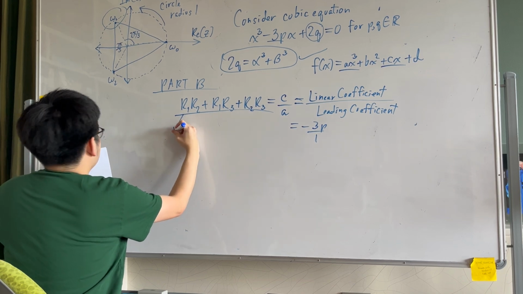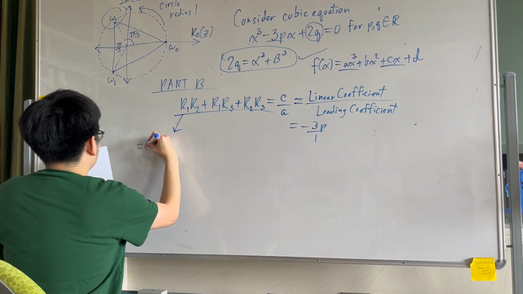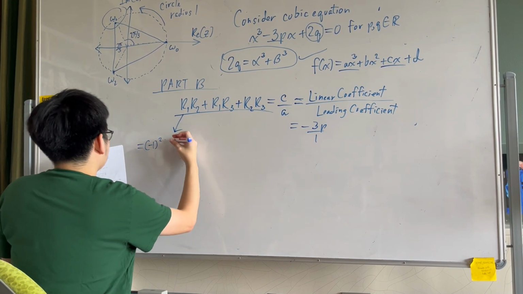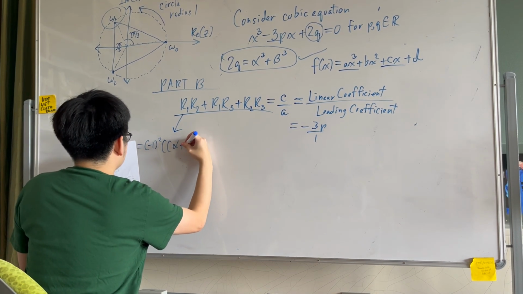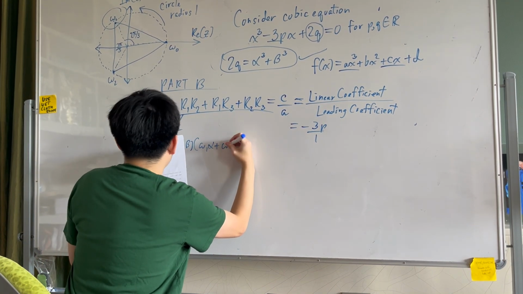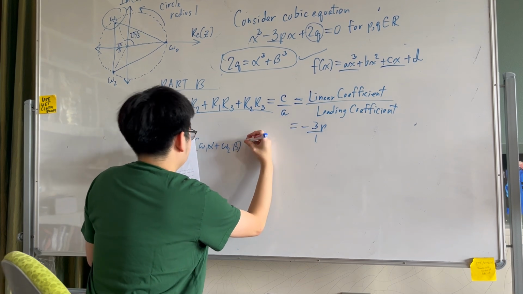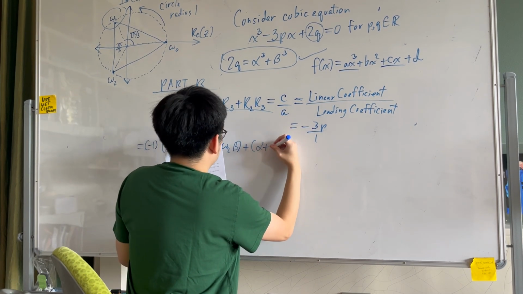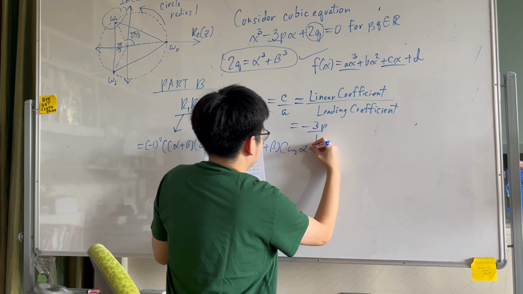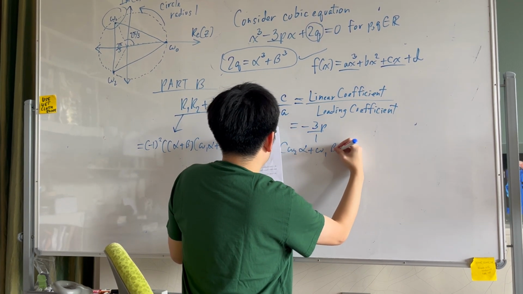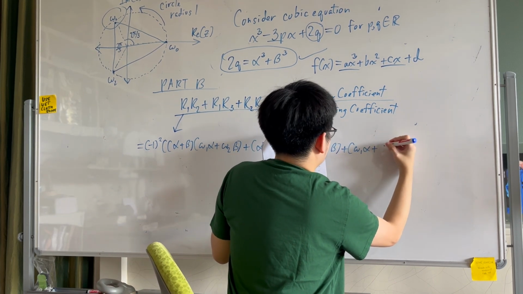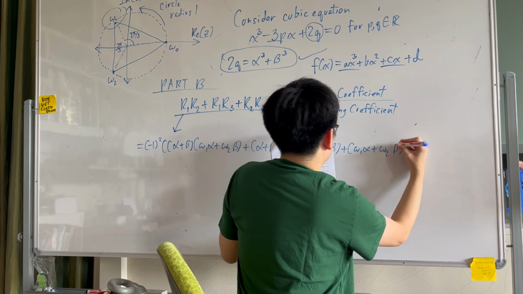So this thing here equals, I'm just copying whatever I have written here, (-1) squared, I probably did some -1 factoring here, times (alpha plus beta)(-1)(alpha plus omega 2 beta) plus (alpha plus beta)(omega 2 alpha plus omega 1 beta) plus (omega 1 alpha plus omega 2 beta)(omega 2 alpha plus omega 1 beta).